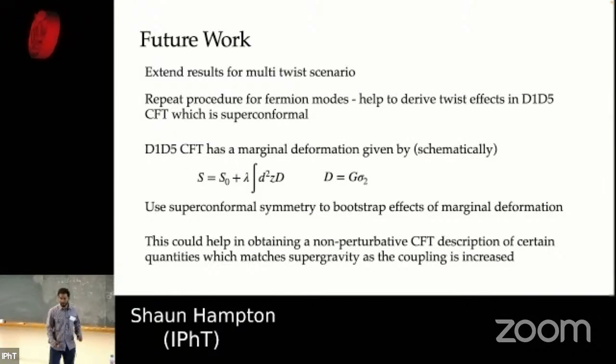If we could bootstrap maybe any effects, it may help us to understand better the holography far away from the orbifold point. And so maybe we could have some type of non-perturbative description of certain quantities, which would really help us match the supergravity.